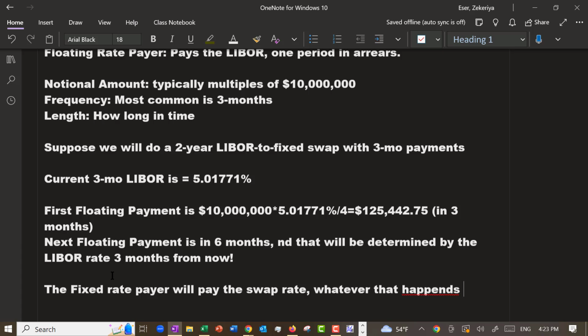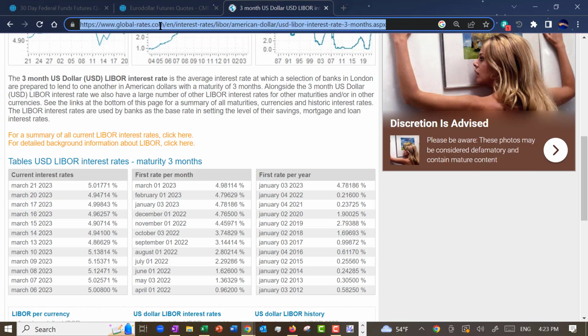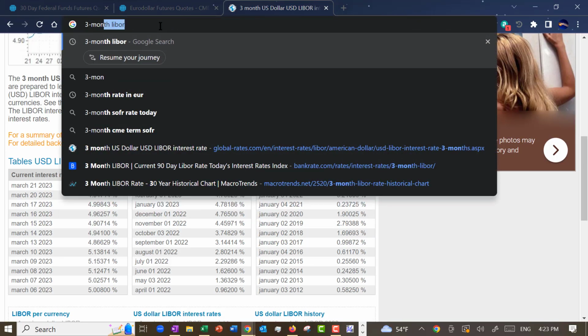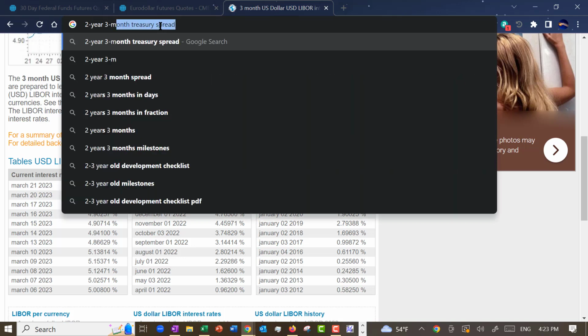Let me see if I can find what the market thinks of that. 2 years, 3 months LIBOR swap.